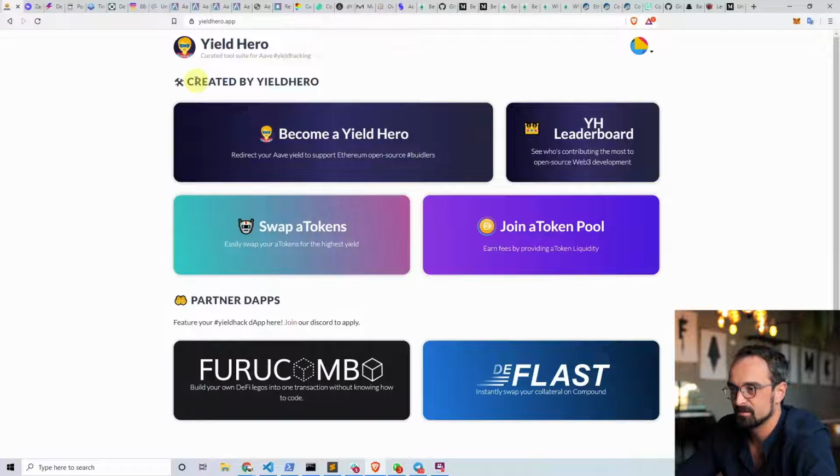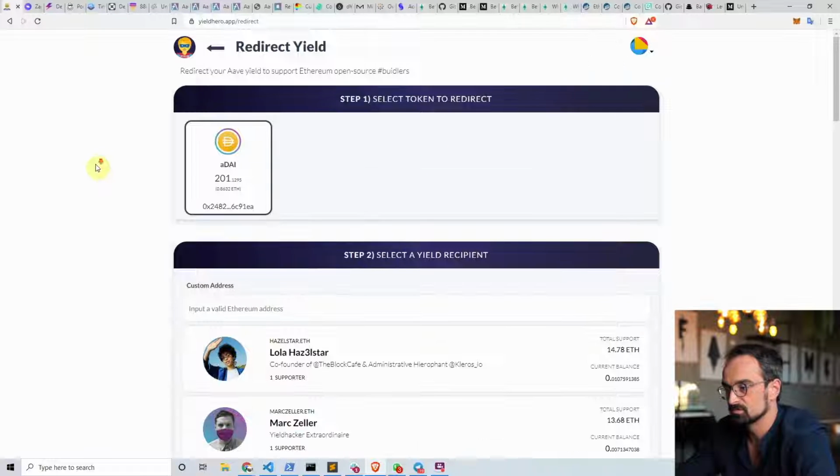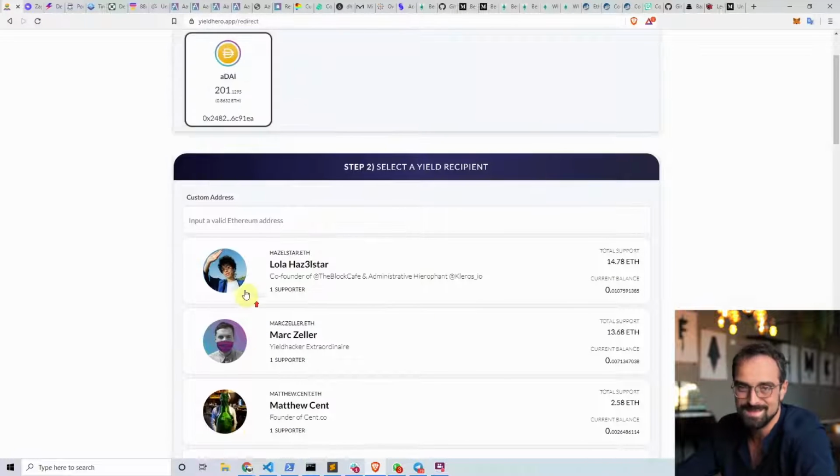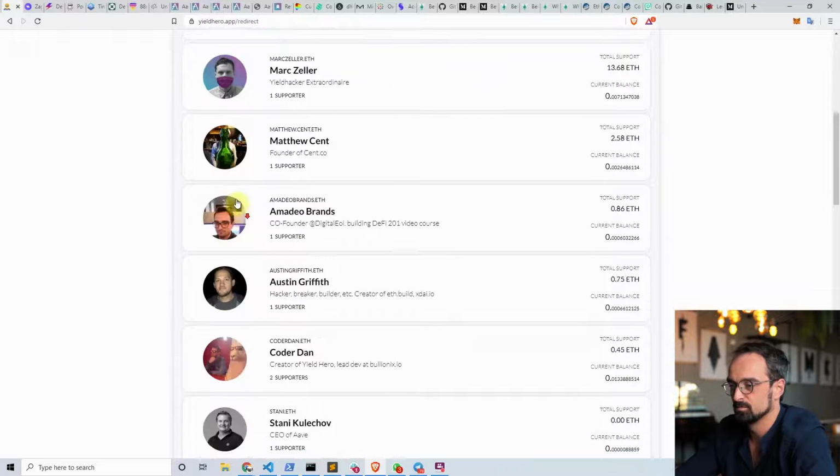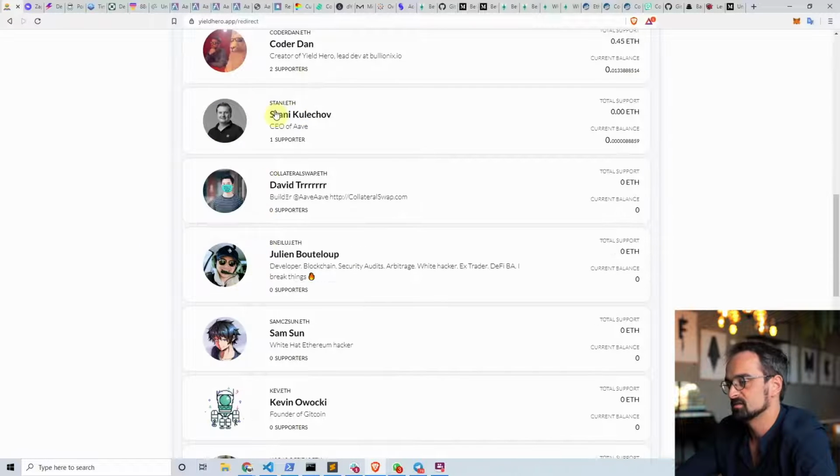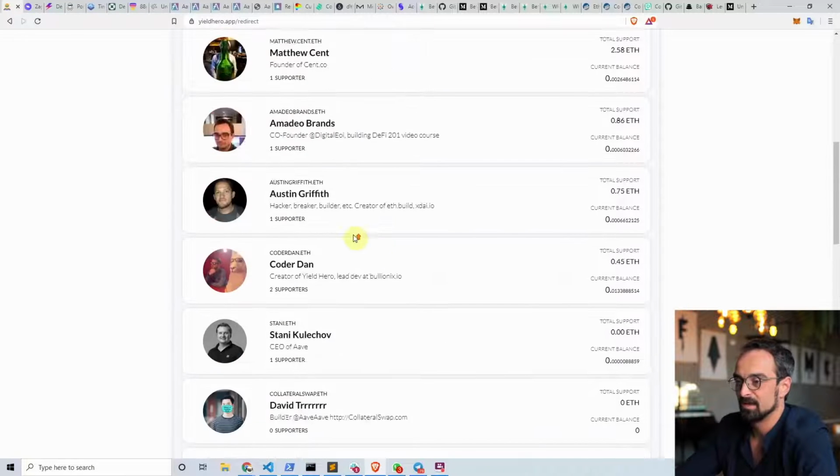Here you go. So yeah, this is created by Yield Hero. You can swap tokens, join a pool, and they partnered up with some apps like Furucombo, which I explained about, and Defiat. It instantly swaps collateral on Compound and different tokens. And what is also nice is that you can redirect some of the gains that you made to some of your people that you want to support and follow. So here you see Stani from Aave, David from Aave, and also myself.